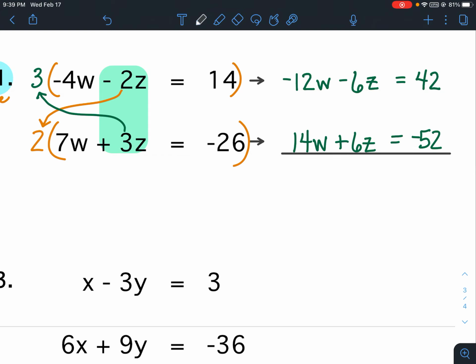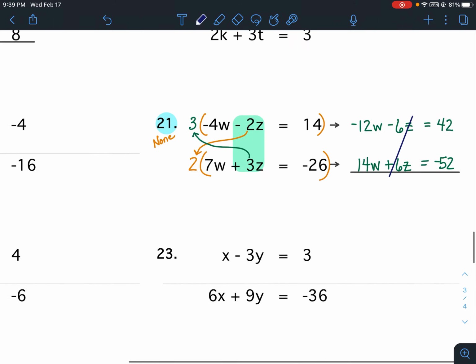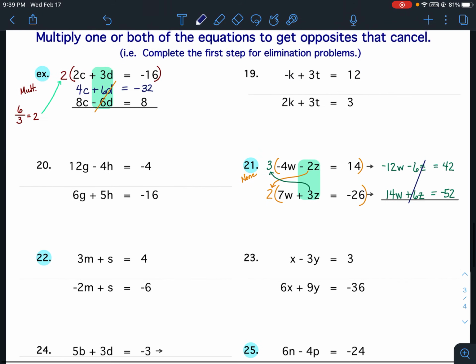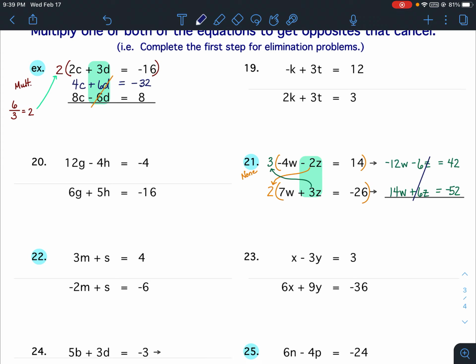All right, and now the only thing left to do is to cancel out my opposites. And my opposites are the positive 6Z and the negative 6Z. All right, if you have any questions on question number 21, please let me know.